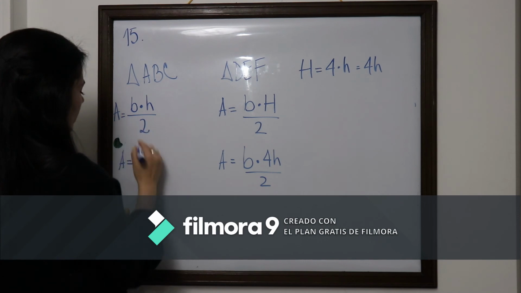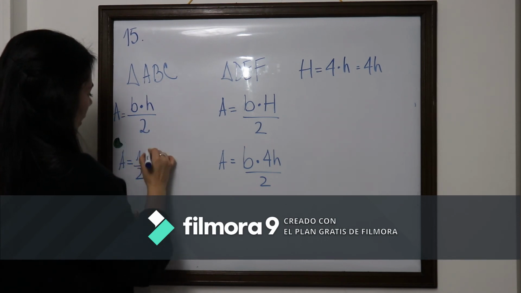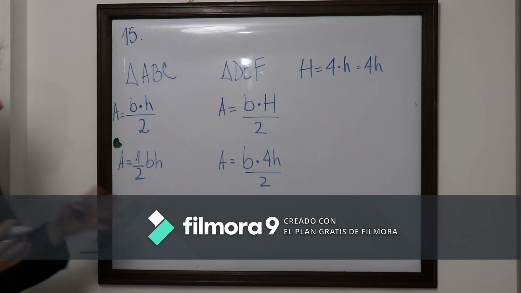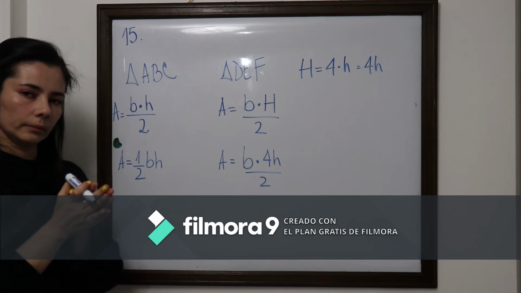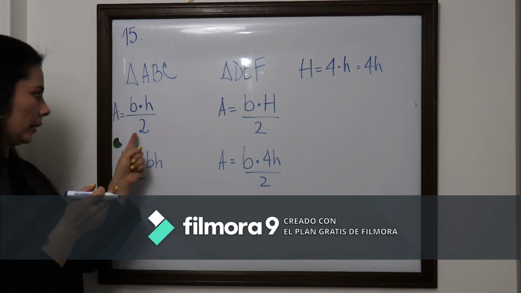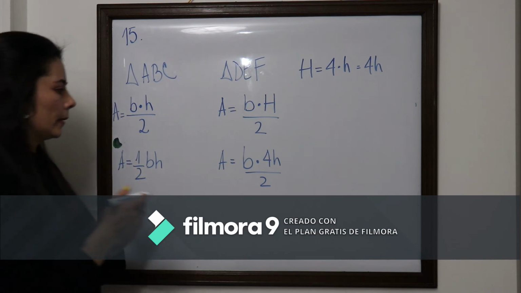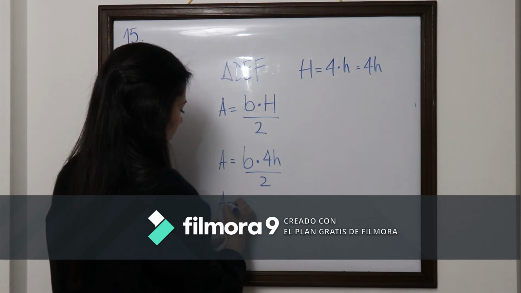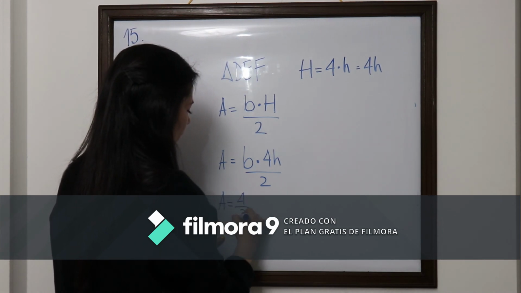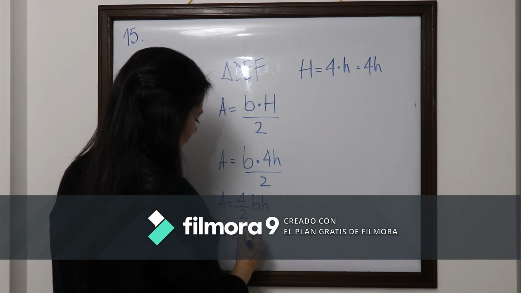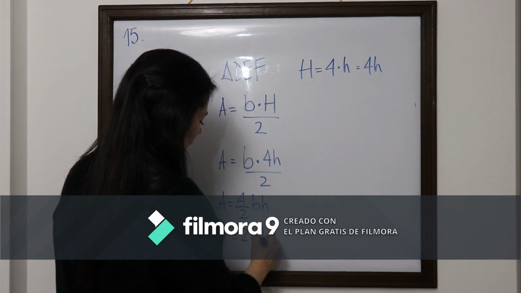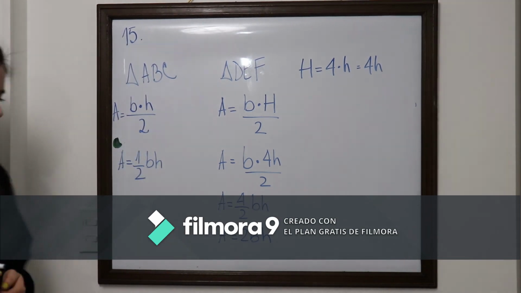And then I'm going to operate this over here. So what I'm gonna get is actually 1/2 BH. You see it? Of course, because I'm just getting together all the variables, right? And then I'm getting the coefficient, which is 1/2. Now here, what I'm getting is 4/2 BH, which actually ends up being 2 BH if I simplify the fraction, right?